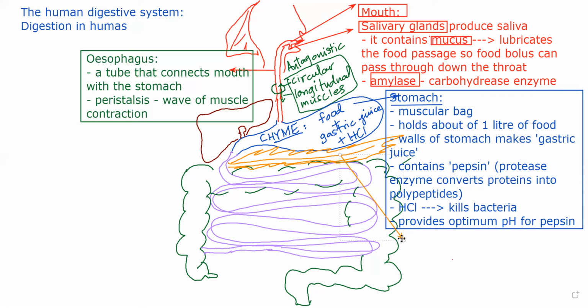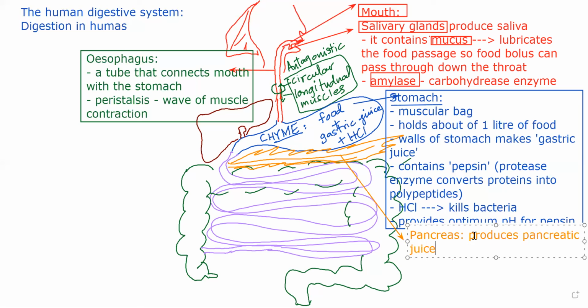Since the food is already acidic, now it needs to be neutralized. How will it do this? The pancreas produces pancreatic juice.